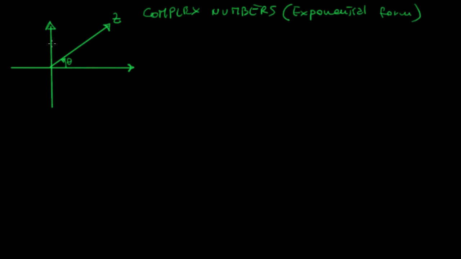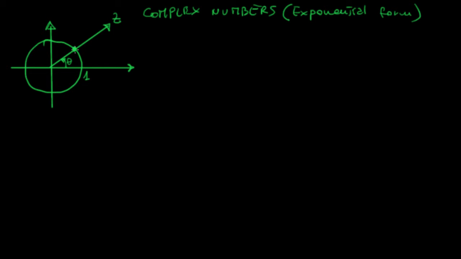Or that is the same, I want to find, if this is a circle of radius 1, the representation of a complex number that has the same argument but has a modulus that is 1.